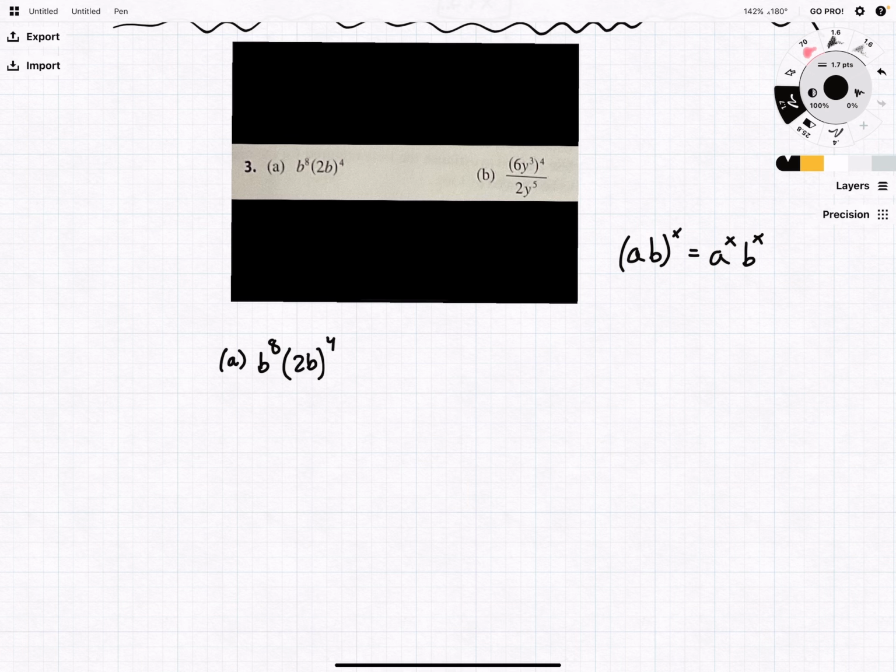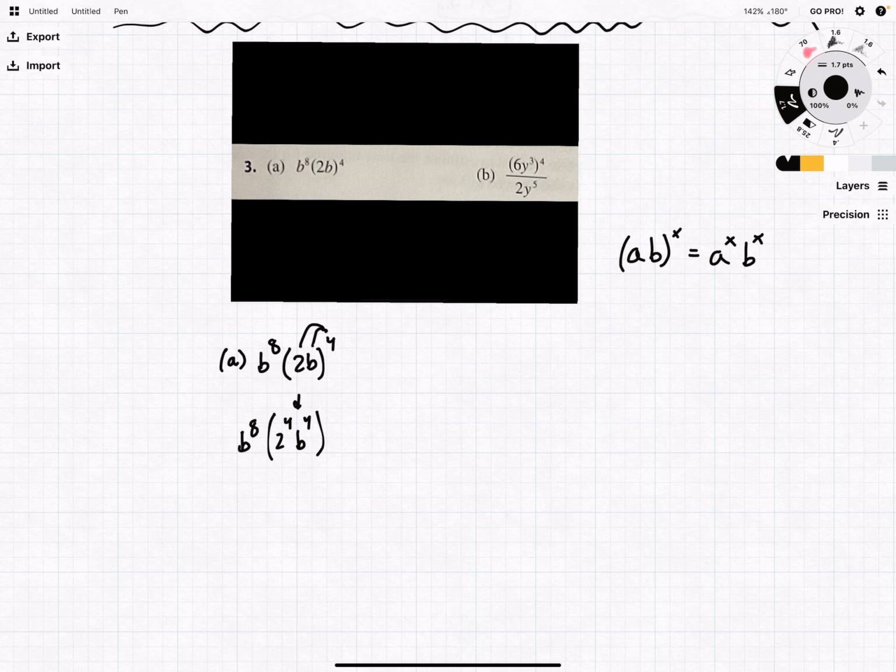We have to be very careful when we have more than just one simple number or letter to a 4th power or 3rd power, or any power in general. So this 4 applies to b and to 2. So that's going to be b to the 8th times 2 to the 4th and b to the 4th.